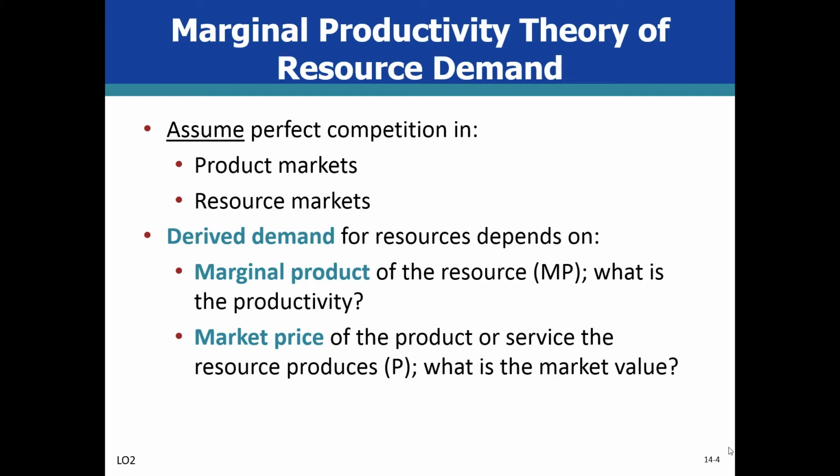The result is called the marginal revenue product. You can imagine that a highly productive labor force that produces a product that is highly valued would have a high marginal revenue product.